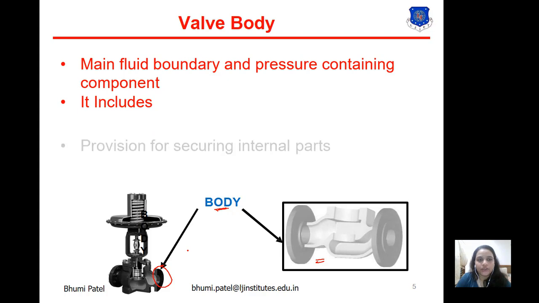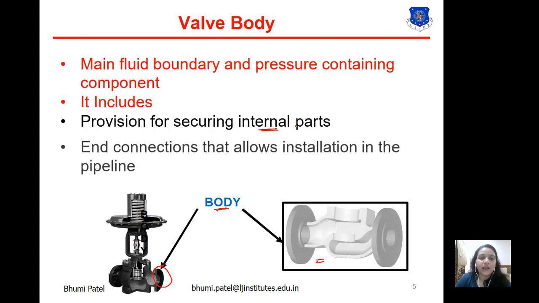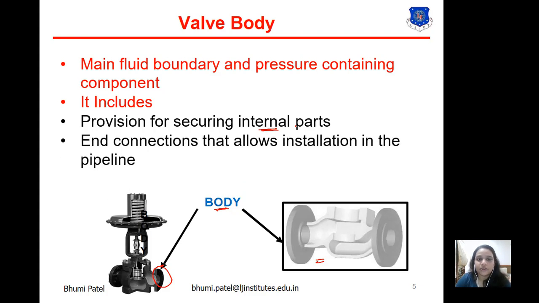It includes provision for securing the internal parts of the control valve, and end connections that allow installation in the pipeline. Whenever we connect the control valve with the pipeline, it provides the end connection that allows the installation.